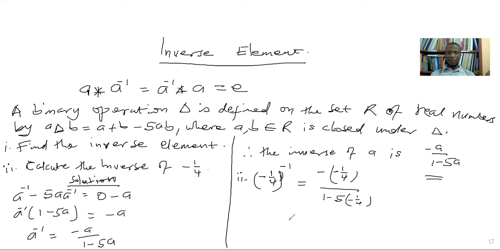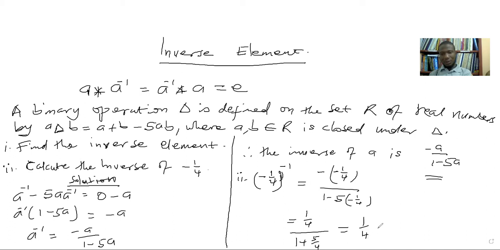So this will give us 1 over 4 divided by 1 plus 5 over 4.